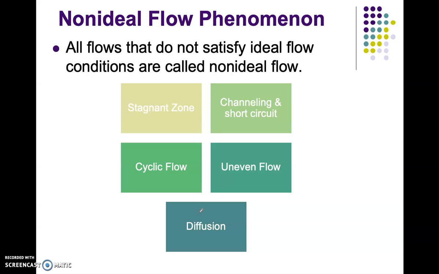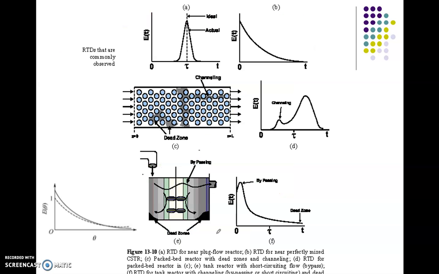In this subtopic, we will use the same kinds of reactors, but see how we can know that the reactor has non-ideal flow. We have stagnant zone, channeling, and short circuit, or sometimes we call it bypass. Then we also have cyclic flow, uneven flow, and diffusion. So there are 5 altogether.